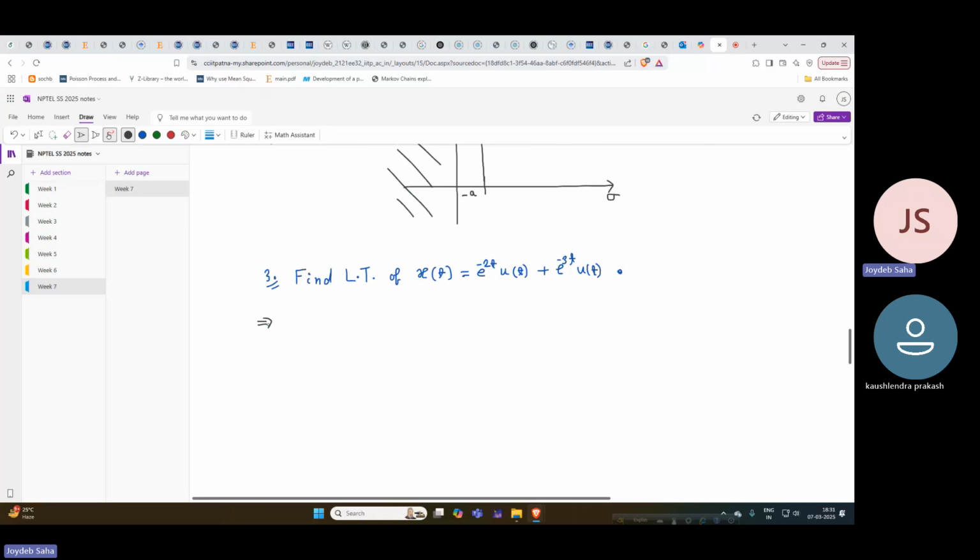So let us write it like this. x1(t) is equal to e to the power minus 2t u(t), and x2(t) is equal to e to the power minus 3t u(t).